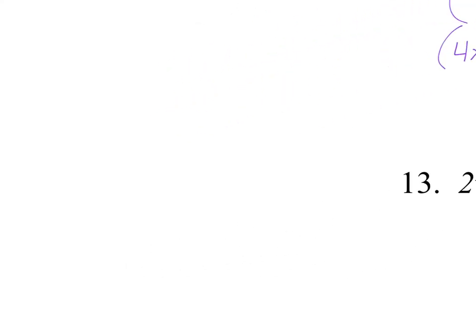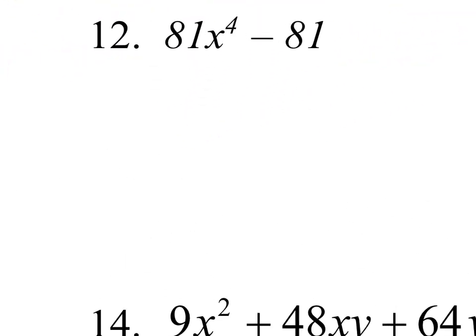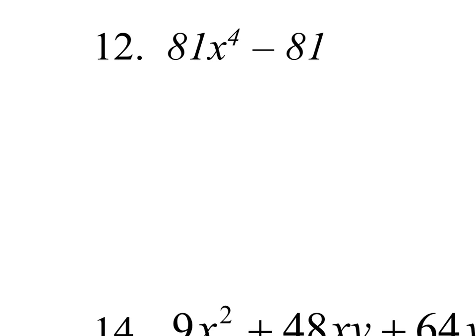All right. Oh, I'm going the wrong way. Sorry. There we go. 12. All right, two terms. 81 and 81. Well, those are 9 squared or 3 to the 4th, but we don't have a 4th. We only have thirds. We can only have to the 3 or to the 2.